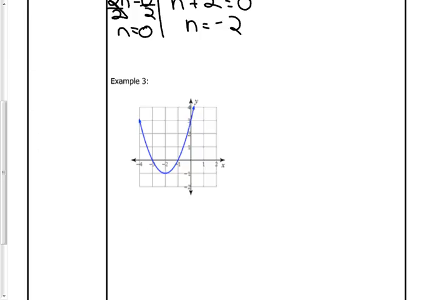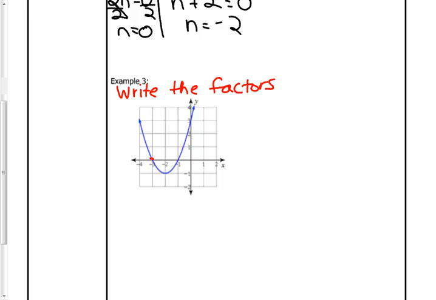All right, example 3. So again, I want to write the factors. Based on this graph, to write my factors, I want to see where it crosses the x-axis first. So it's crossing in 2 spots.